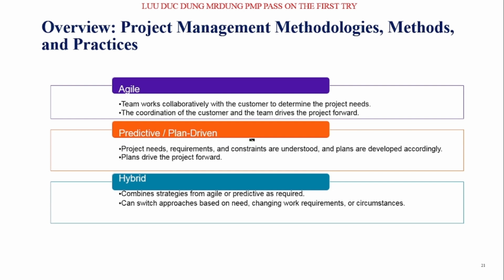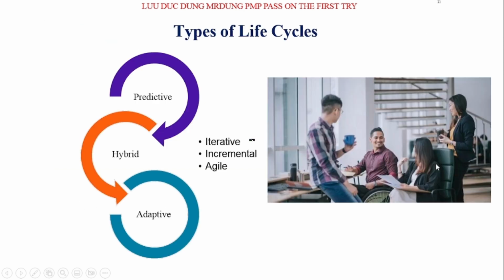So, here is a method. We have three main methods to manage a project. The first is agile. The second is predictive, or plan-driven, or traditional. The third is hybrid style life cycle.